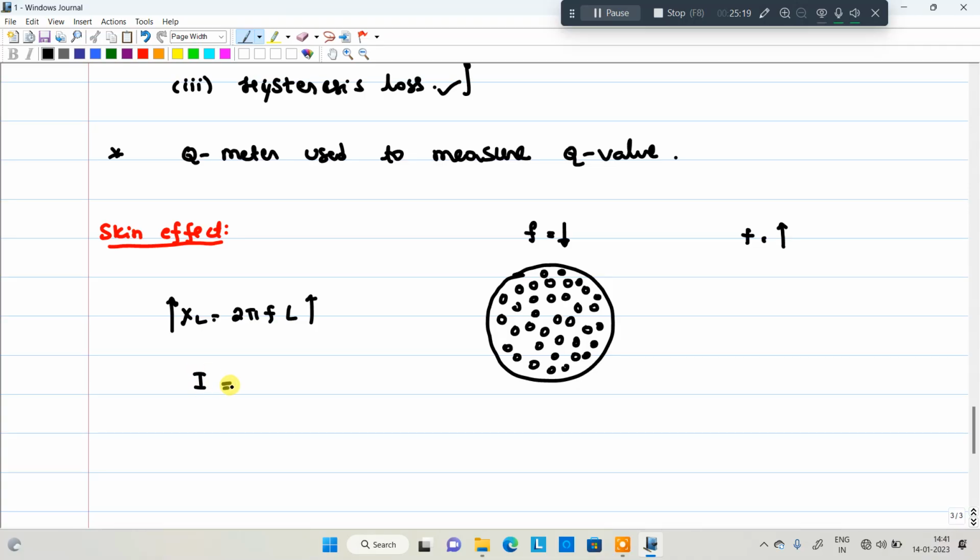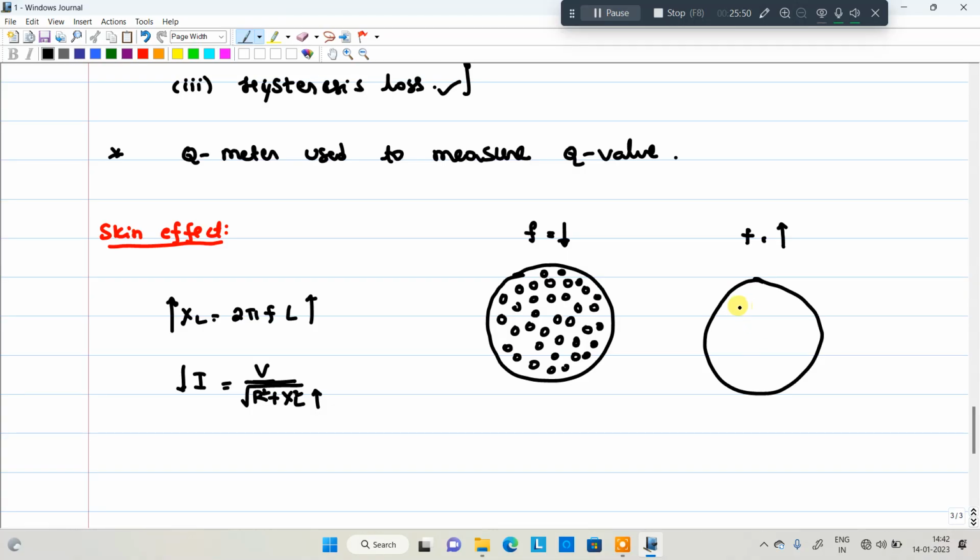I is equal to V by Z, where Z is the square root of R squared plus XL squared. So as XL increases, the current automatically decreases. Finally, you need to remember that whenever frequency increases, the entire current is concentrated on the skin, that is, the surface of the conductor.